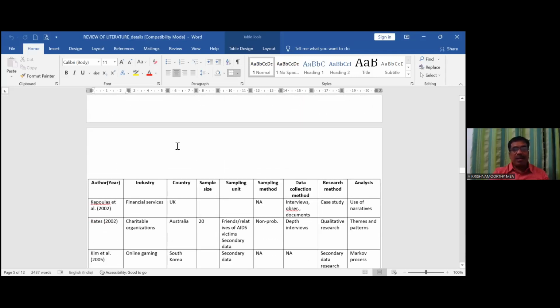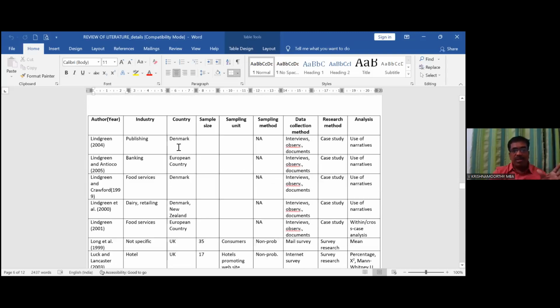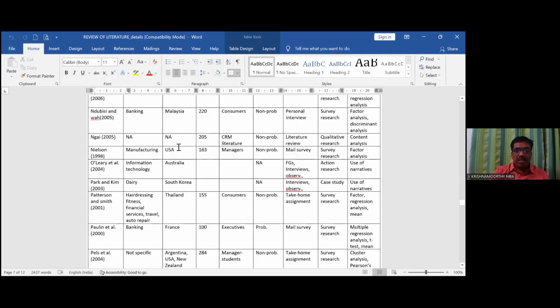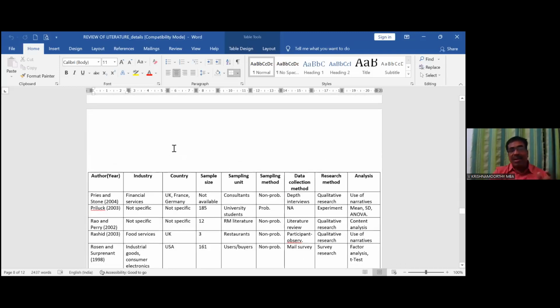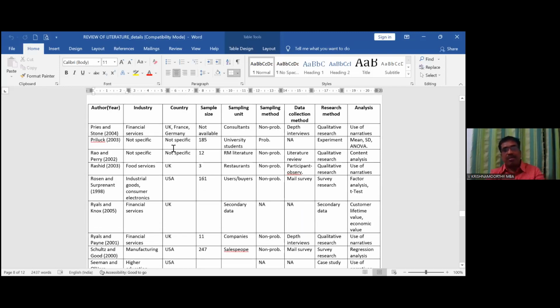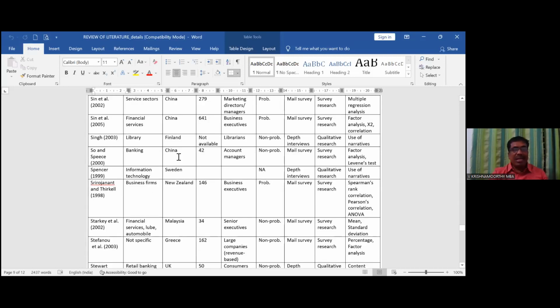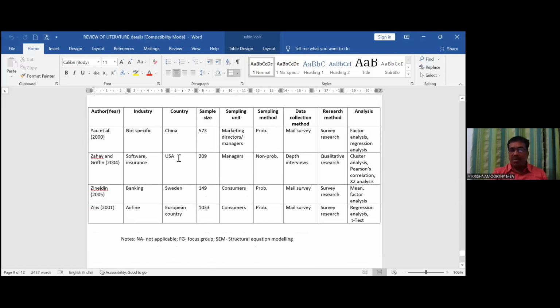One researcher has prepared this table. He has downloaded the research paper and read it, and then he will write a review of literature separately, and create one table. Let's take how many review of literature he has written. He has written more than 150 review of literature.